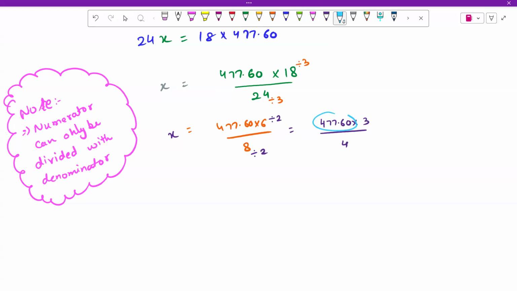What do you think about this number and this number? Do you think they can be divided further? On what number can they both be divided? 4. So 4 here and this number divided with 4. What do we get?